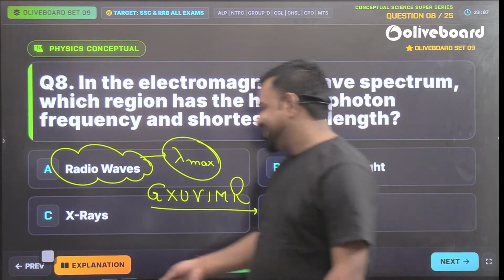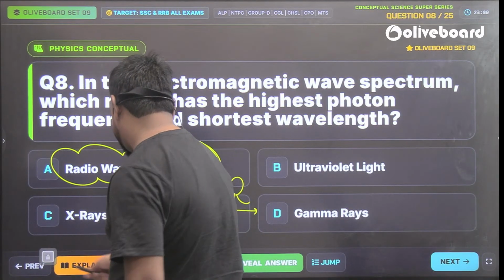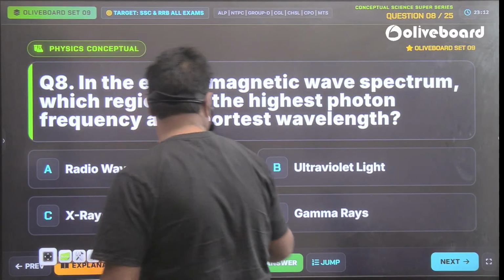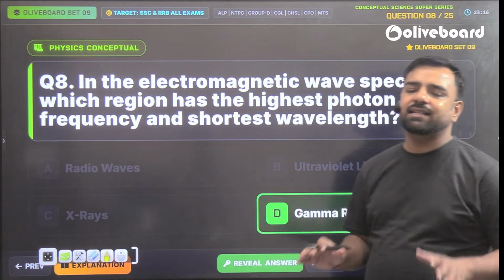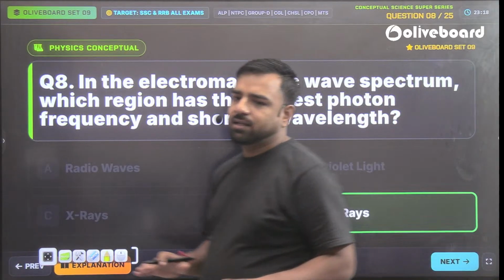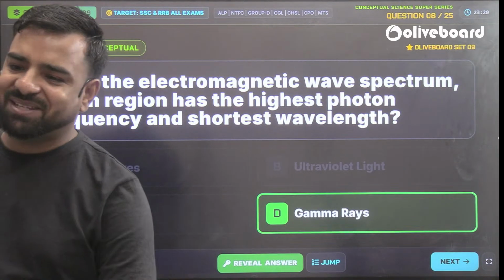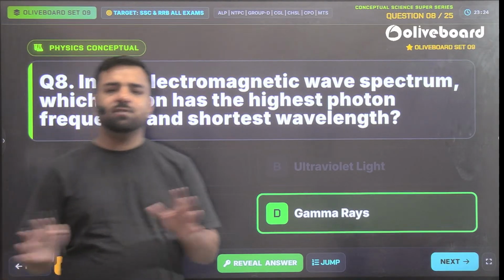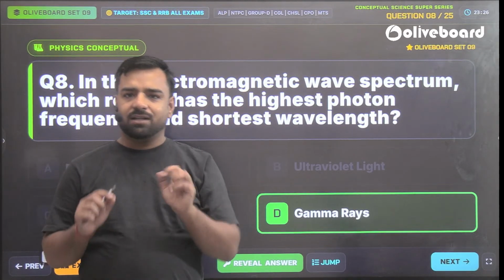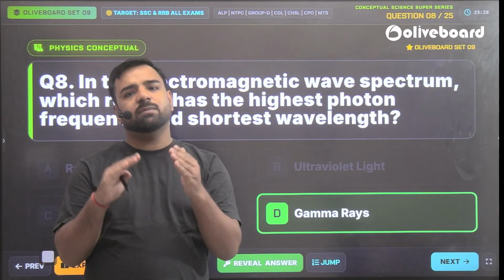Okay, fine. So guys, here the sequence order is GXUVIMR, right? So gamma rays is the one that has the least wavelength. It's okay, man. No worries. It happens, but I am giving you the trick, and this trick will be helpful always.